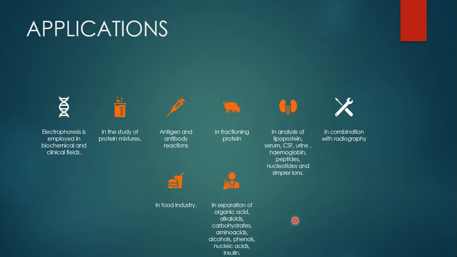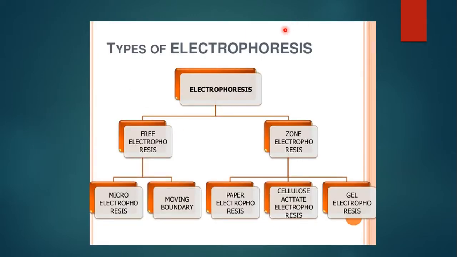And then coming to the different types of electrophoresis, we have several types: free electrophoresis and zonal electrophoresis. Free electrophoresis is again of two types, microelectrophoresis and moving boundary electrophoresis. Coming to zone electrophoresis, we have majorly three types: paper electrophoresis, cellulose acetate electrophoresis, and gel electrophoresis.